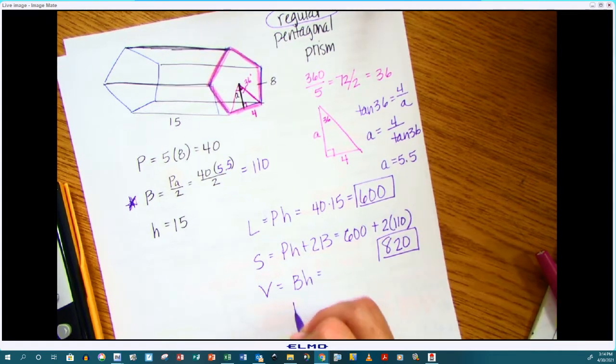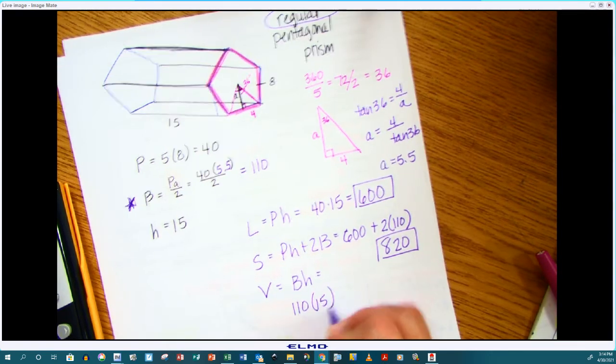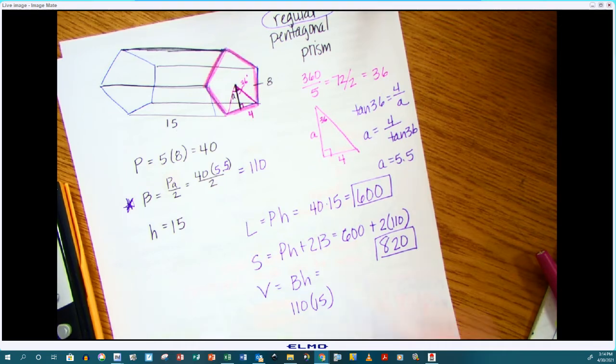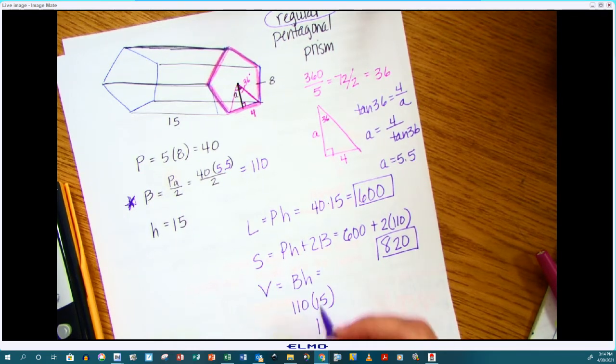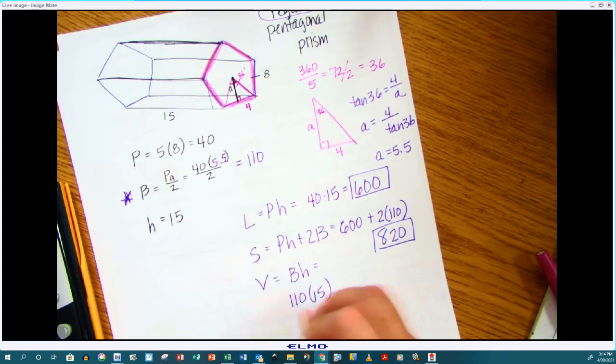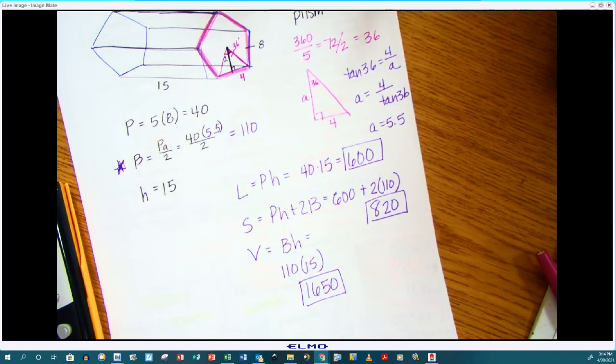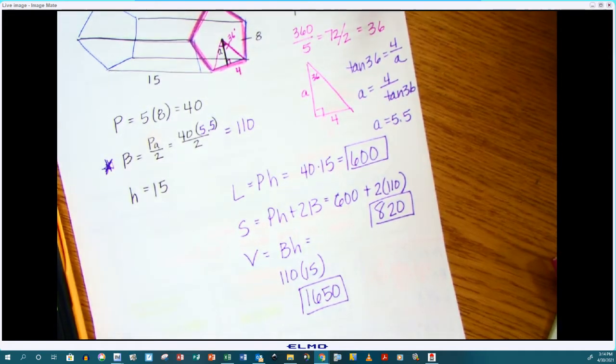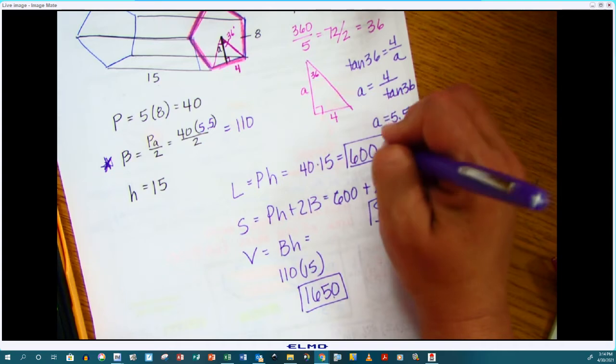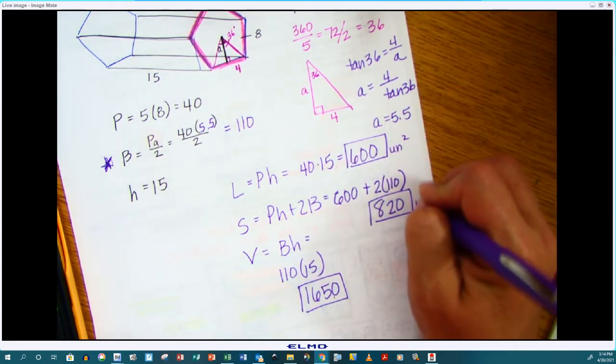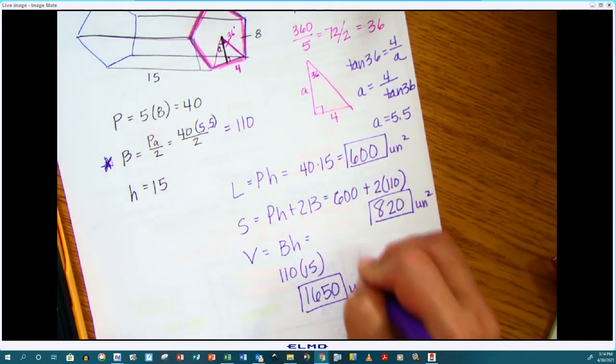And the volume is 110 times 15. Lateral area, surface area, volume. This is units squared because I didn't identify them. That's units squared. This is units cubed.